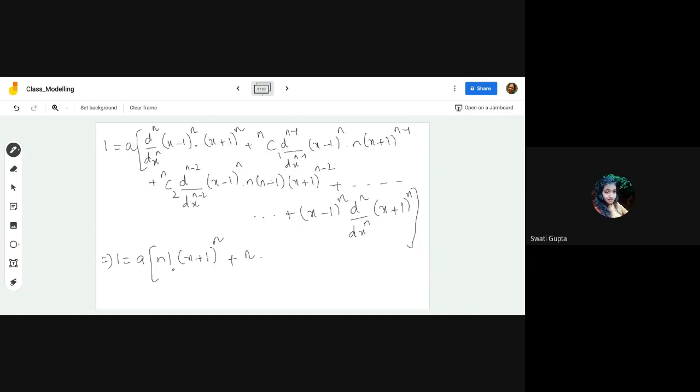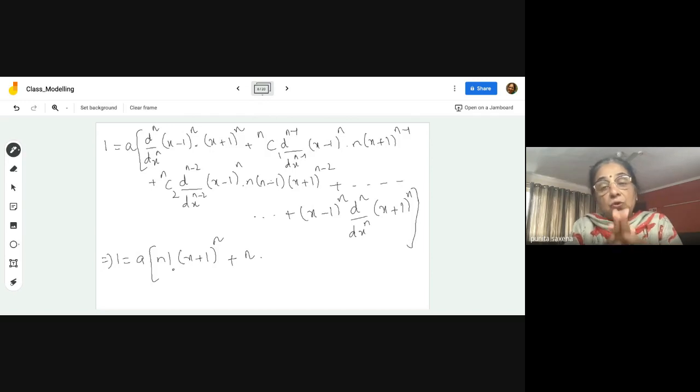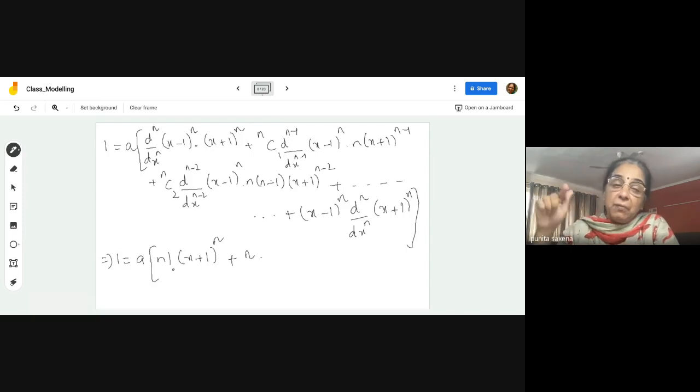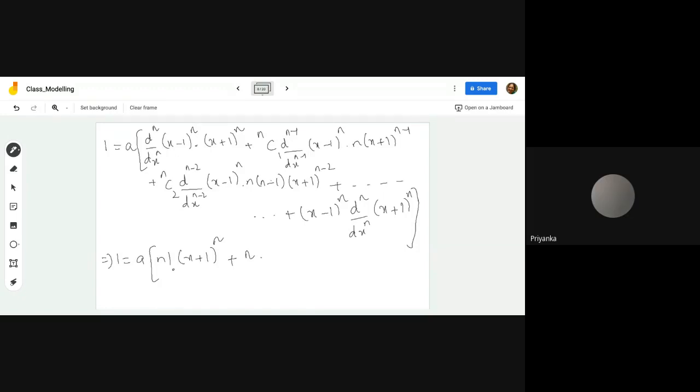So what will be the n minus 1th derivative of x to the power n? n factorial into x.